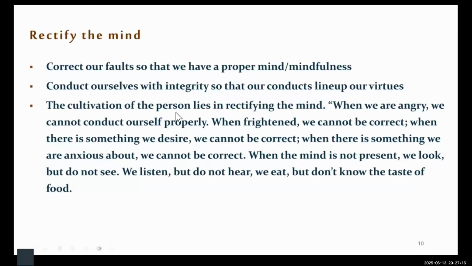The cultivation of the person lies in rectifying the mind. So what does that mean? It means when we are hungry, we cannot conduct ourselves properly. When frightened, we cannot be correct. When there's something we desire, we cannot be correct. When there's something we are anxious about, we cannot be correct. When the mind is not present, we look but do not see, which means we are not living in the present, in the moment.